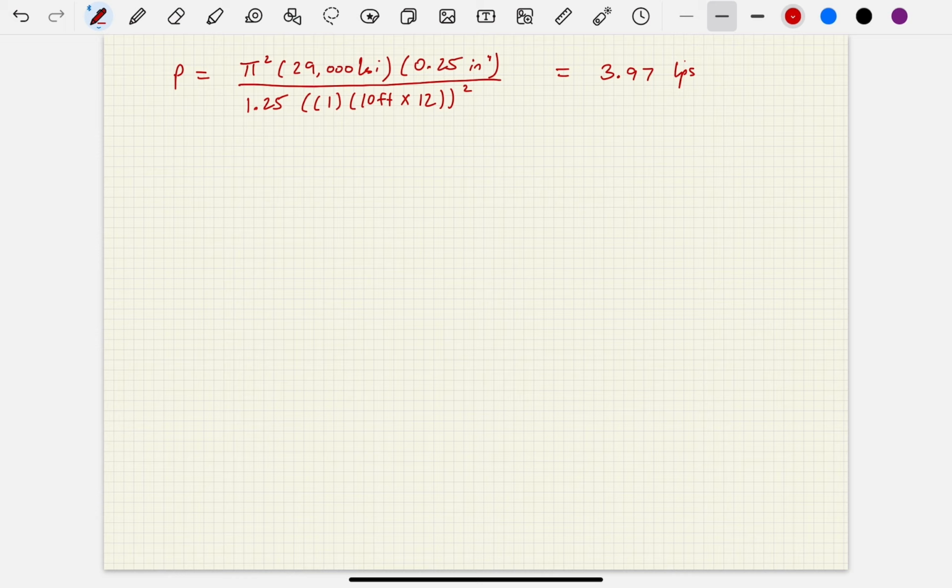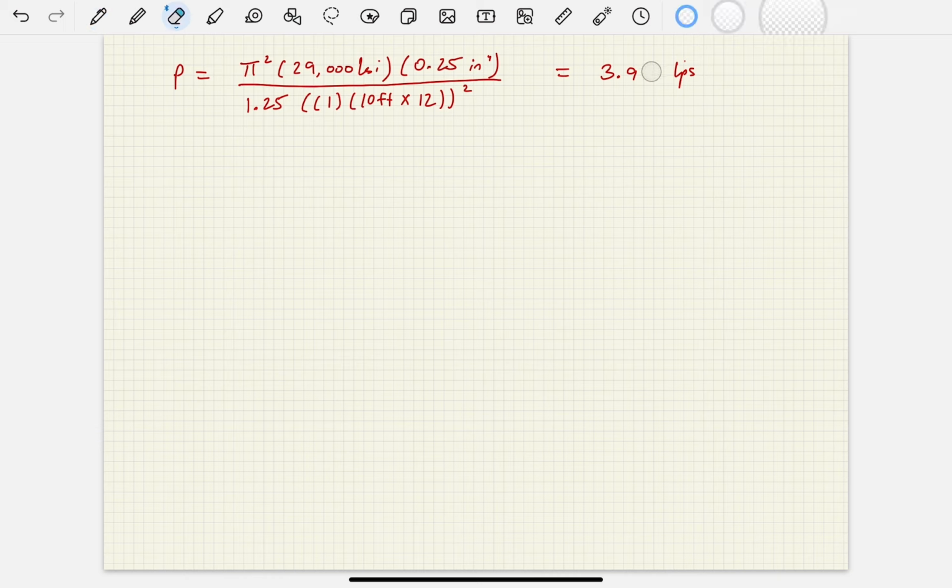So I'm going to punch that in one more time. I did not work this out ahead of time, so I'm going to do it one more time, make sure I'm punching in everything correctly. Pi squared times 29,000 KSI times 0.25 inches to the fourth. And then we're going to divide that by 120 inches squared, and we're also going to divide it by 1.25. Yeah, I get 3.97. Really, it's about 3.98.